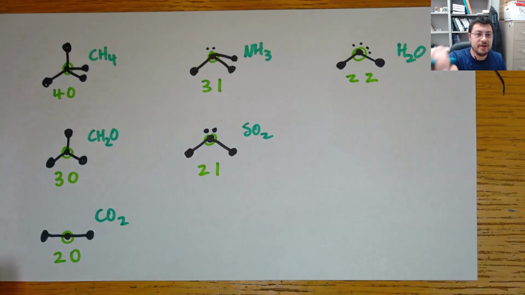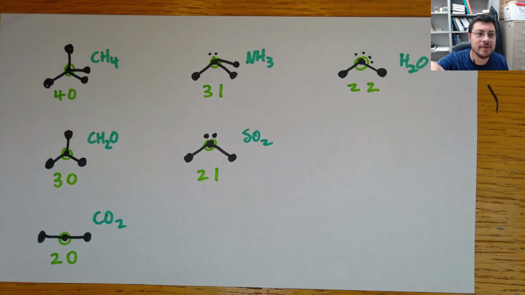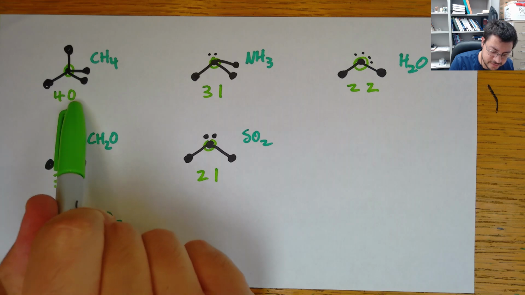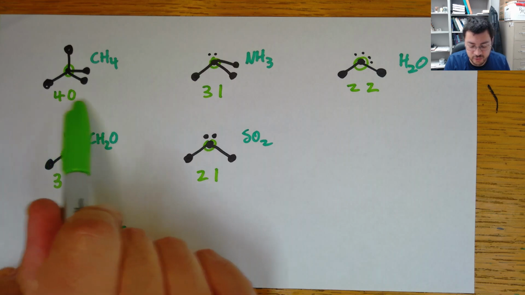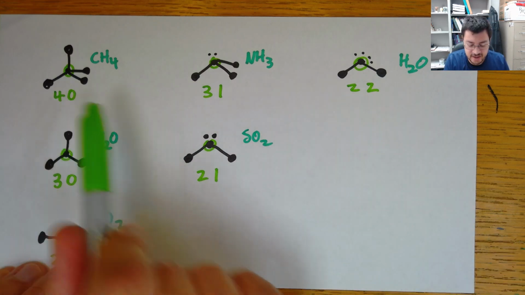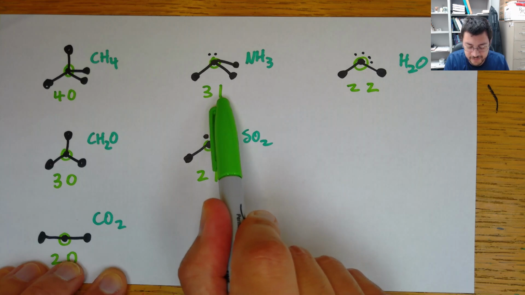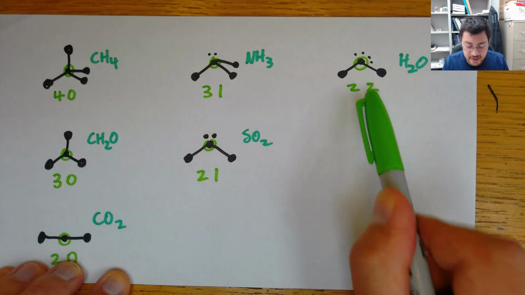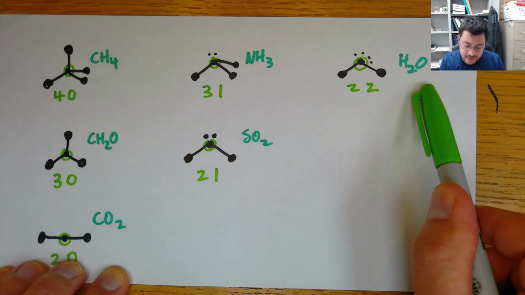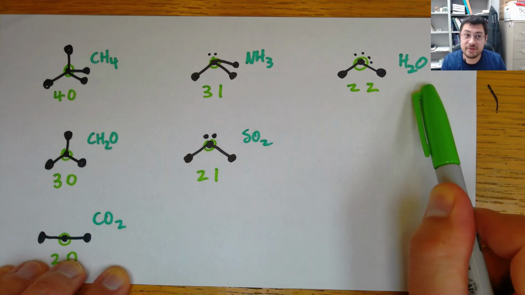All right, we are getting closer. All right, so it's usually around this point someone may notice, hey Josh, I kind of noticed something. These two numbers add up to the same number every time when we're in this row. That is to say 4 plus 0 equals 4, 3 plus 1 is equal to 4, and 2 plus 2 is equal to 4. So everything in this row has 4 things total.